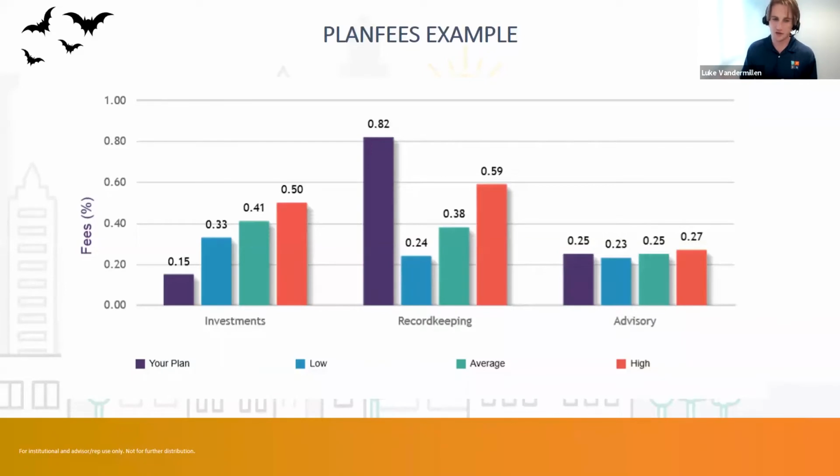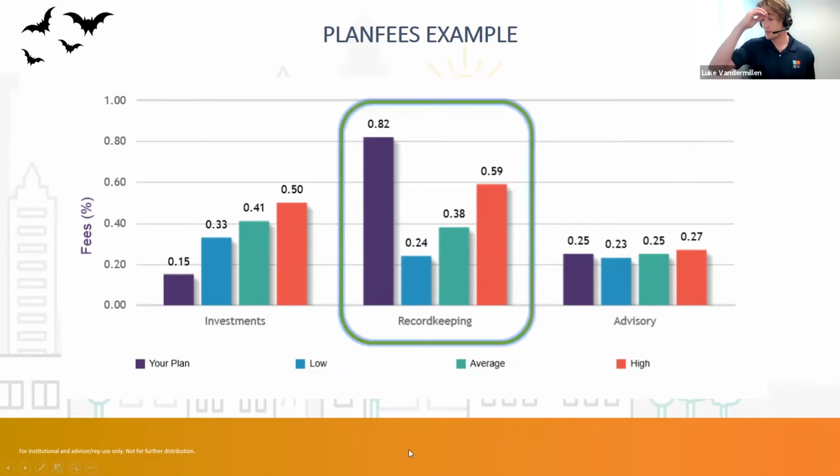You can see here, this is another example from our reporting where we have in the purple on the far left for this plan, the current plan costs in terms of investments, record keeping, and advisory. And if you look at this close enough, you'll notice that this plan's record keeping charge is 82 basis points, which is way over the high of this PlanFees Prism universe.